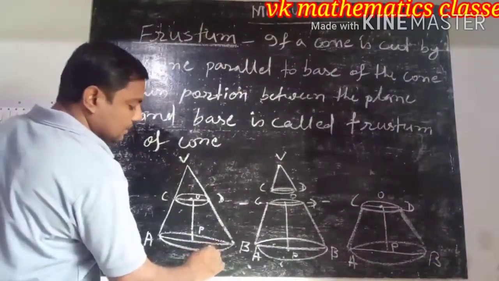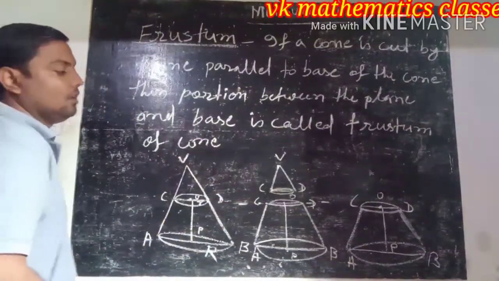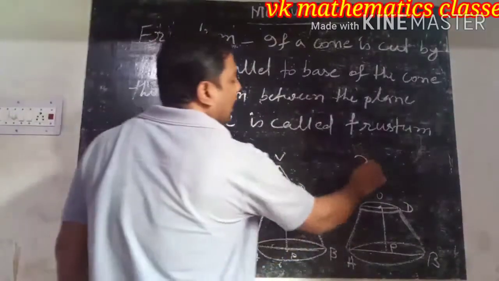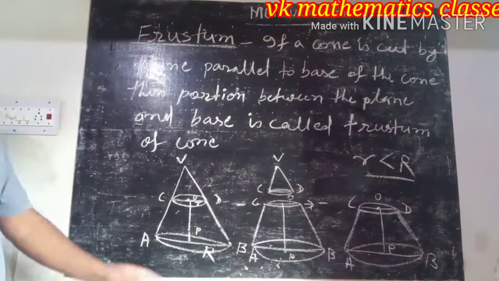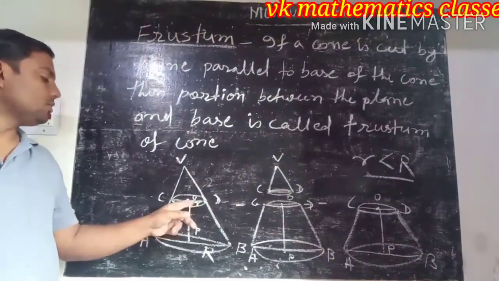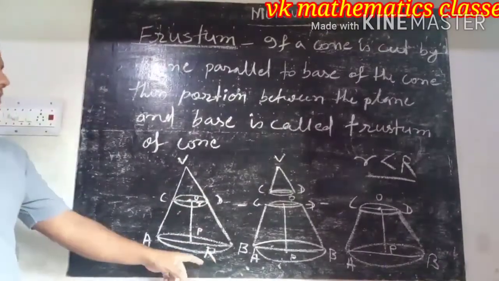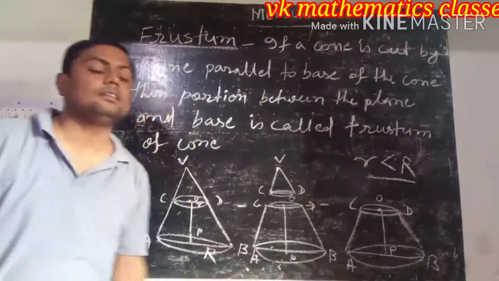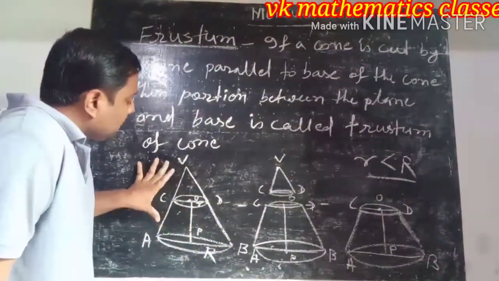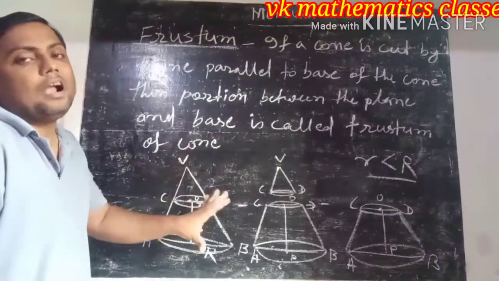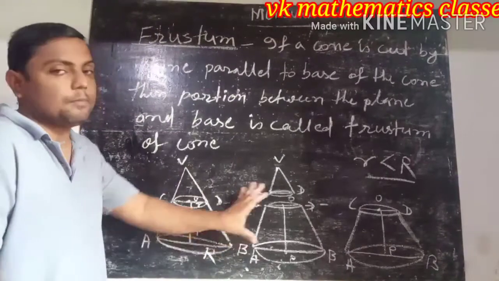Suppose this is the capital R radius and this is the small r radius. So in this case small r is less than capital R. By the definition, we conclude that a frustum is a part of a cone.